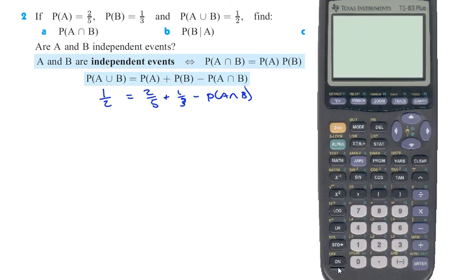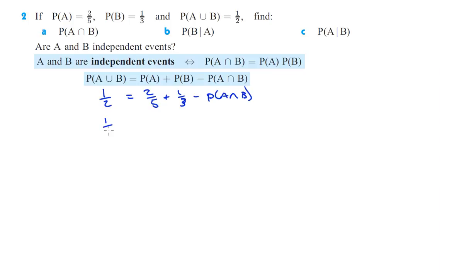Okay, so we've got 2/5 plus 1/3 equals that, and let's see, I'm going to do math, enter, and that's 11/15. So we have 1/2 equals 11/15 minus the probability of A intersect B. Okay, so now we're going to want to subtract 11/15 from both sides, right?